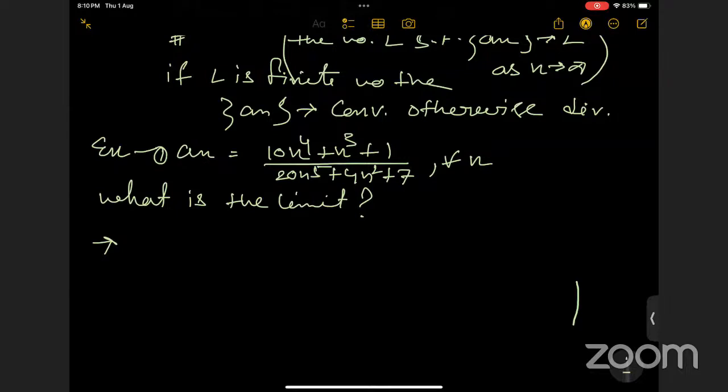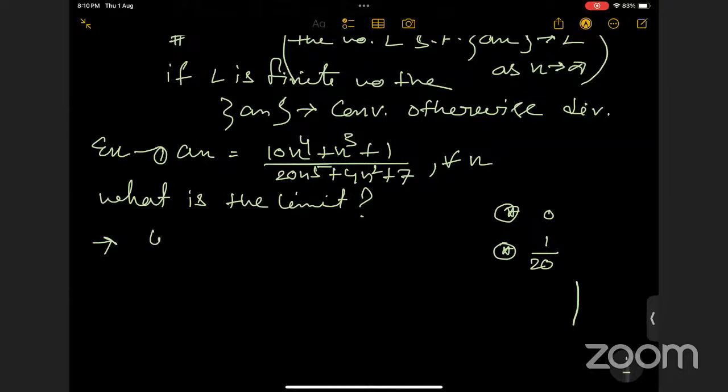Zero. Yeah, it's zero. So many of you are saying it's 0. I have one answer, 1 by 20. Do you have any other answer? Zero. Okay, so let us solve it.